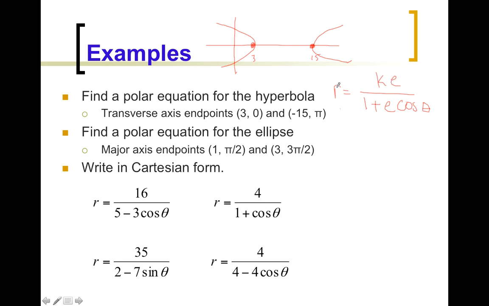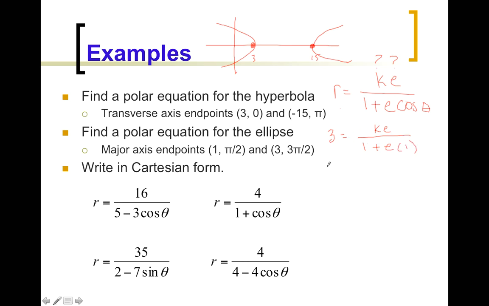In order to write the equation, we need to know what k and e are, and it's actually not that hard to figure out. If we plug in 0 for theta, we should get r equals 3. So I'm going to use that to our advantage. I'm going to say that 3 is equal to ke over 1 plus e times cosine of 0. Cosine of 0 is just 1.